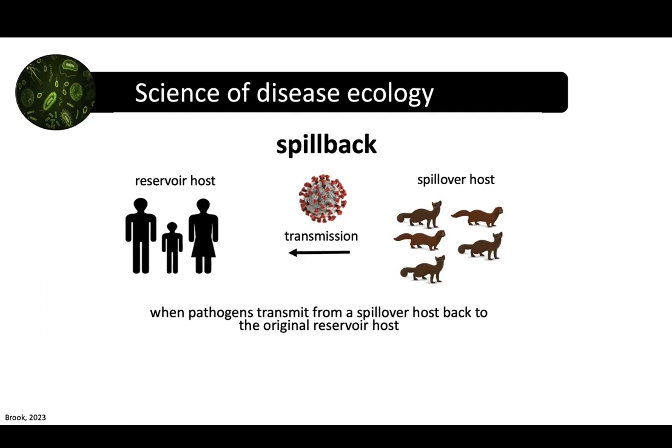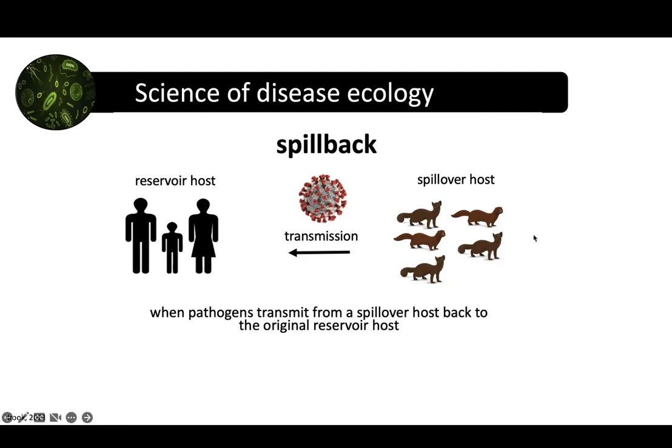There were minks in Denmark and deer in the United States that were found to be naturally infected by SARS-CoV-2 from humans getting close to them as the virus spread globally. But this is also an interesting example because humans are not the original reservoir hosts of SARS-CoV-2. We still don't know what that is, but it's an interesting example nonetheless.